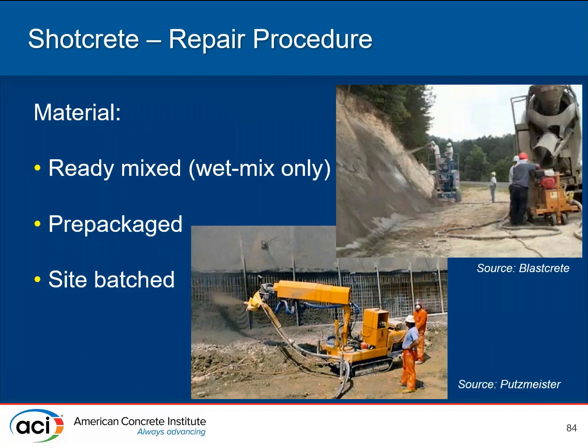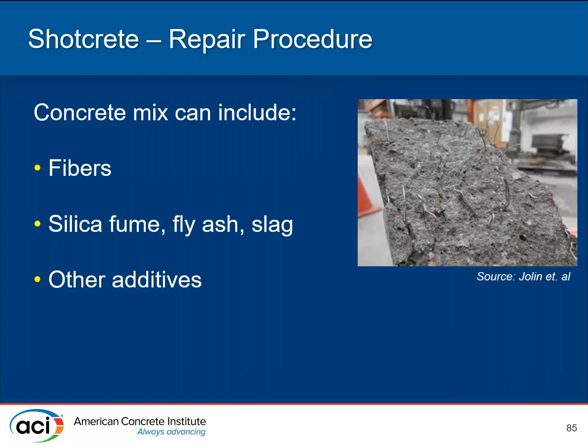Again, ready mix, wet mix, site batched, prepackaged. There's a lot of different sources for your shotcrete, and with some of the material properties, shotcrete is a lot more convenient for using fibers since the concrete doesn't have to flow. You don't get some of those issues that you can get with fibers. Using supplementary cementitious materials is perfectly possible with a shotcrete system, and some of them, like silica fume, I believe, generally tend to help the rebound.